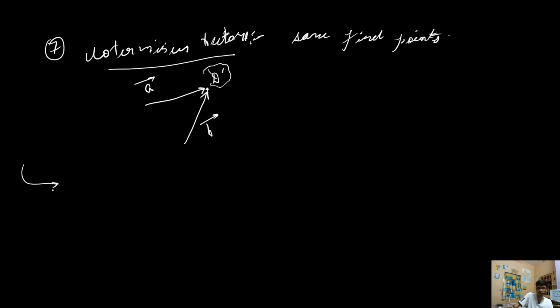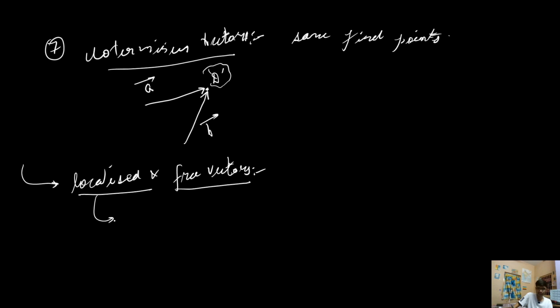Now another important type of vectors that I wanted to discuss is localized and free vectors. In mathematics we don't need to be very concerned about the types of these particular vectors. Localized vectors and free vectors come from the concept of physics. Localized vectors are such vectors which change when moved about in a plane.